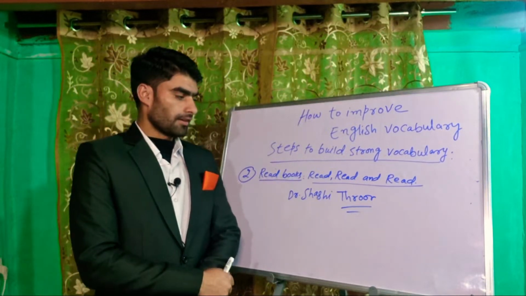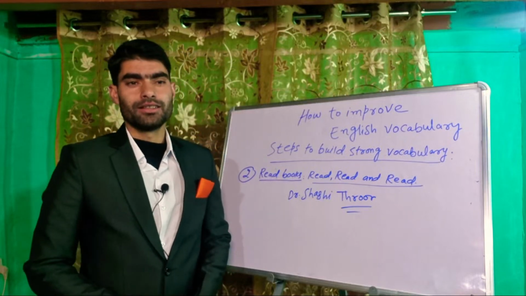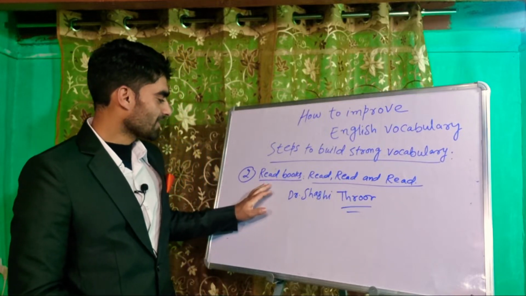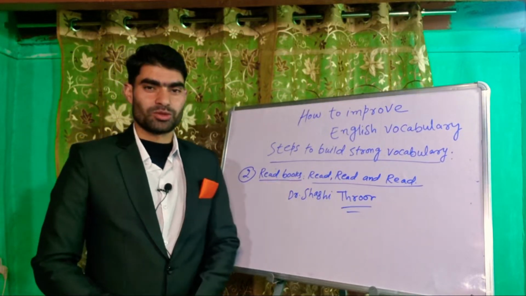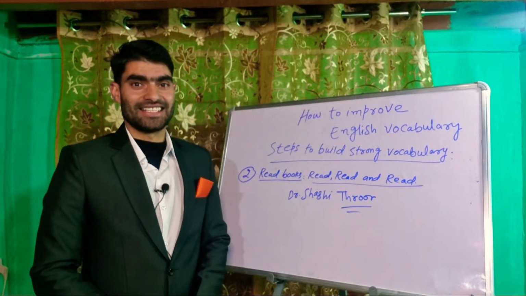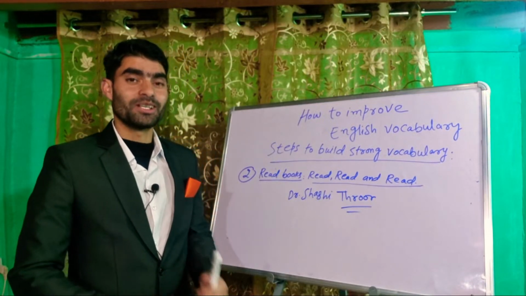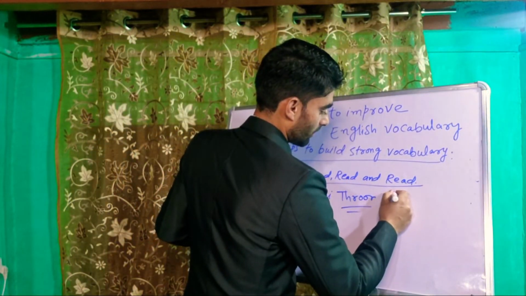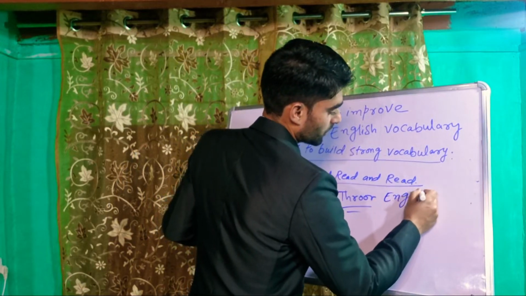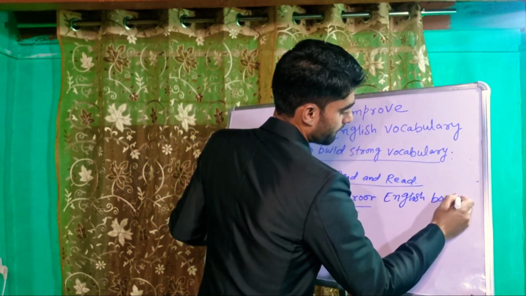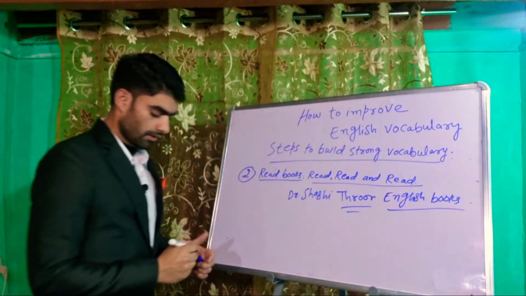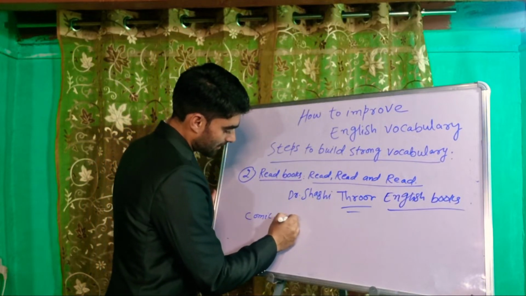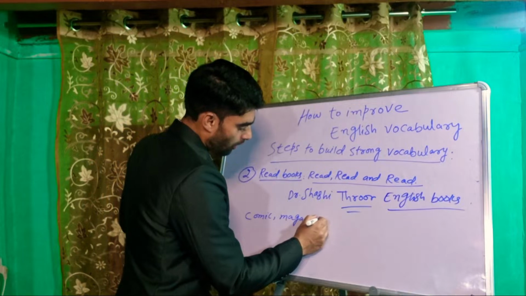When he is asked, sir, how can we or I build a strong vocabulary? His answer is read books. Read, read, and read. What will happen if you read, read, and read? When you read books that are written in English, English books, maybe comic books, maybe magazines, maybe articles.